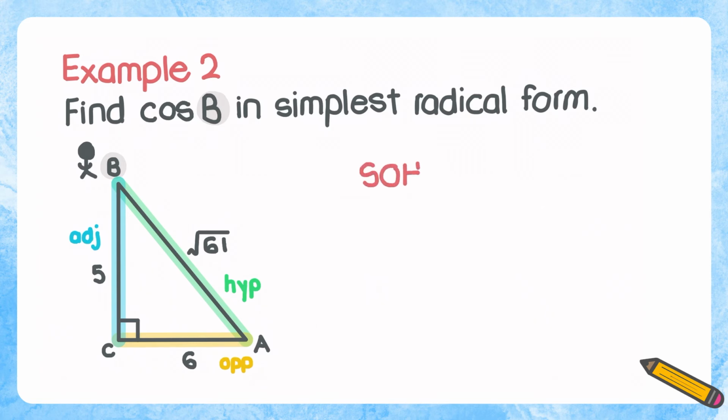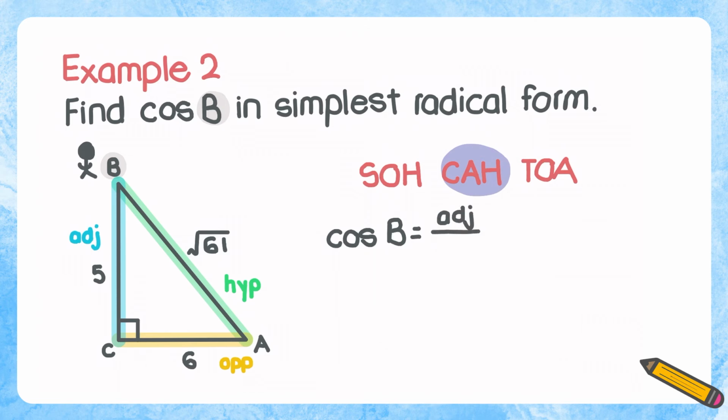And using the acronym SOHCAHTOA, we're going to set up the trig ratio for cosine of B. Okay, so cosine of B equals the adjacent side over the hypotenuse.